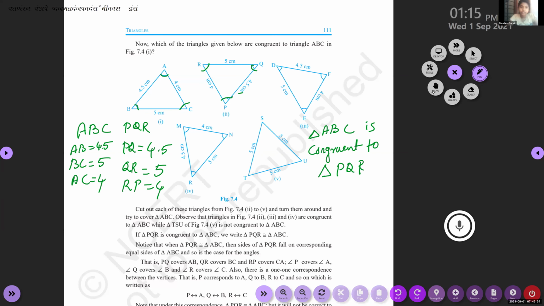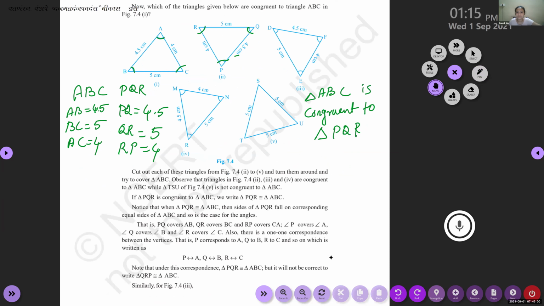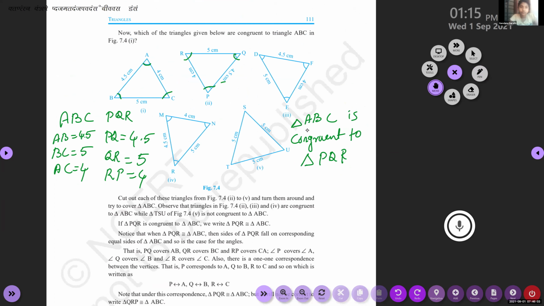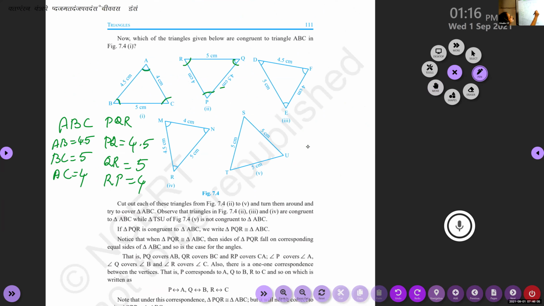Which one? This third one and fourth one. Third, DEF: DE is 5, EF is 4, and FD is 4.4. And which one? MNR.